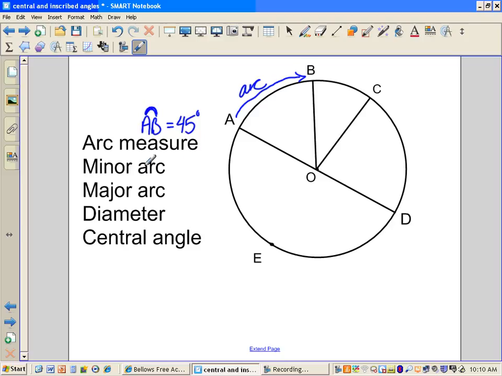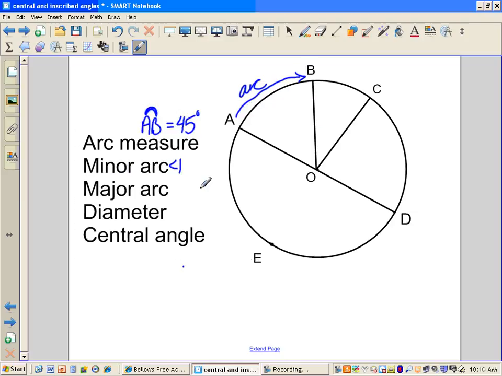We have a couple different types of arcs. A minor arc is going to always be less than 180 degrees. So A to B is a good example of a minor arc because that's less than 180 degrees. A major arc is going to be greater than 180 degrees. And so we usually label a major arc with 3 points so that we can say which way we're going.